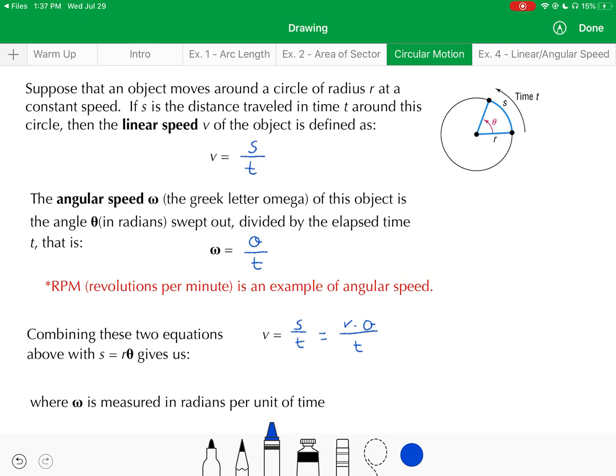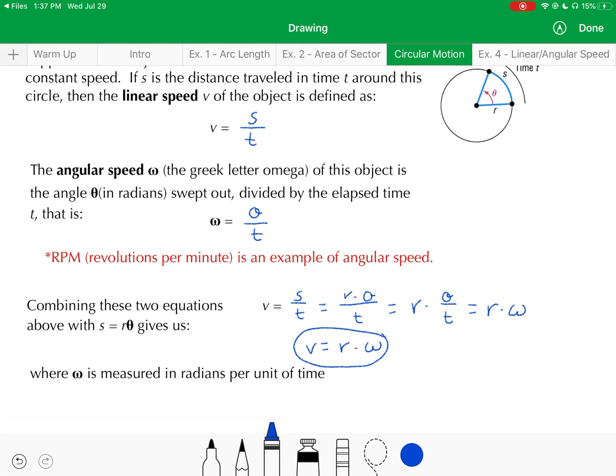So r times theta over t, that can be thought of as r times theta over t, and we just defined theta over t to be omega. So that means linear speed is equal to the radius of the circle that the object's traveling around times the angular speed of the object.